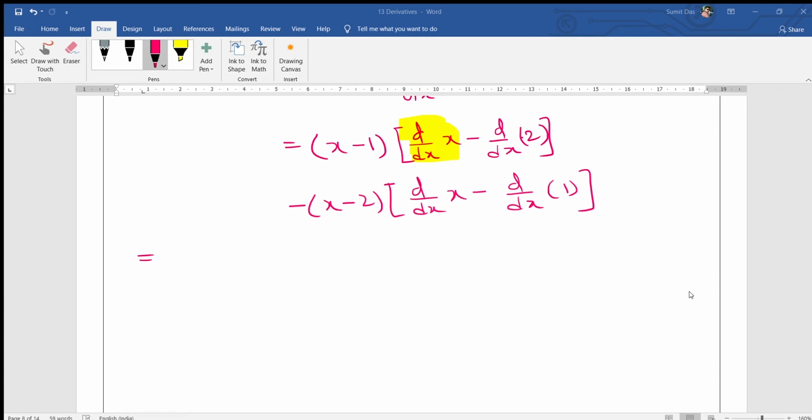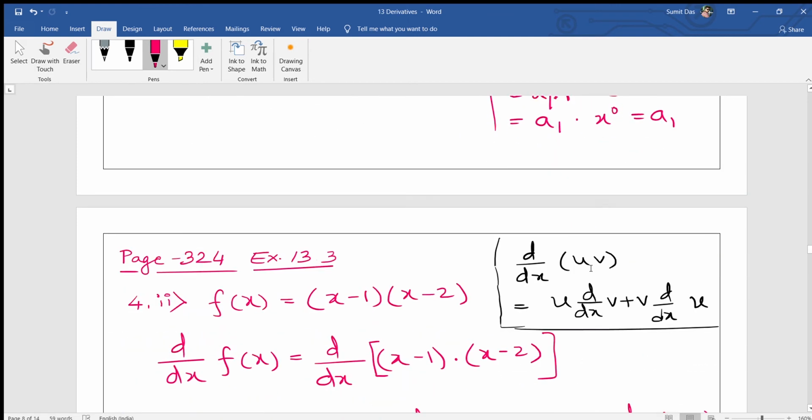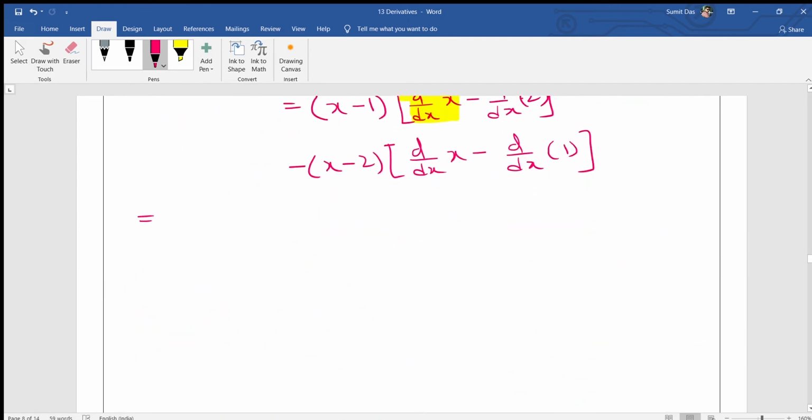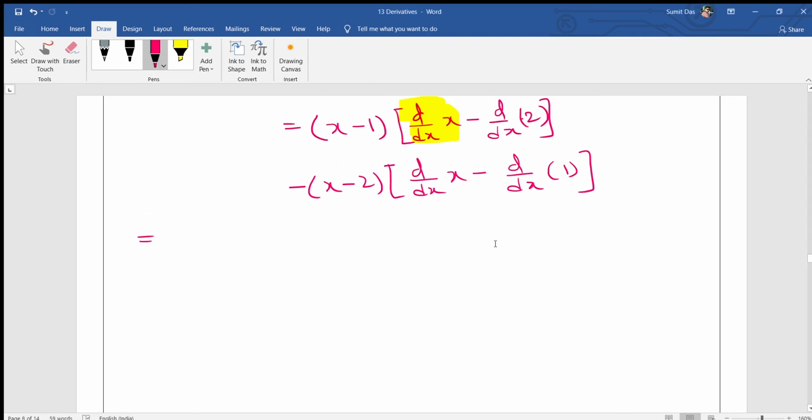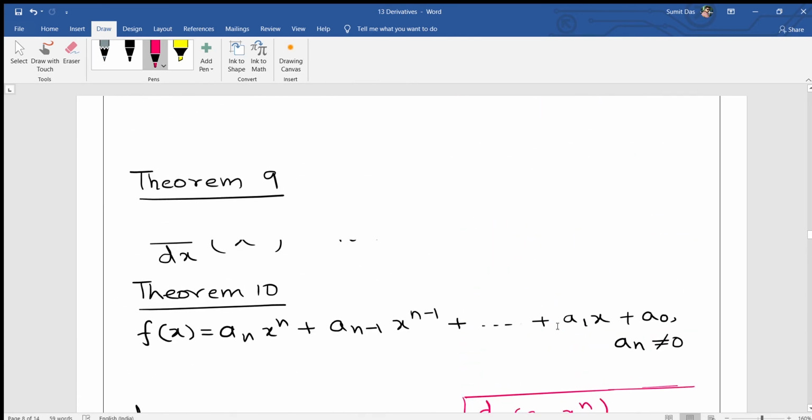Still no response. Everyone is sleeping or what? Just a simple question I asked. In the previous question I also showed you how to find the derivative of x, and here I'm asking the same thing. No response. Anyone? How to find the derivative of x? Use the formula.